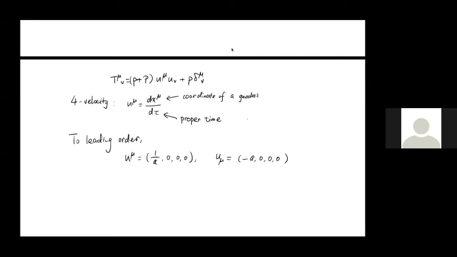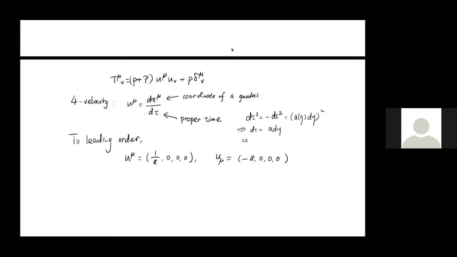Let's just say the proper time d tau squared is minus ds squared. So it's just a eta d eta squared. So you immediately have d tau is a d eta.